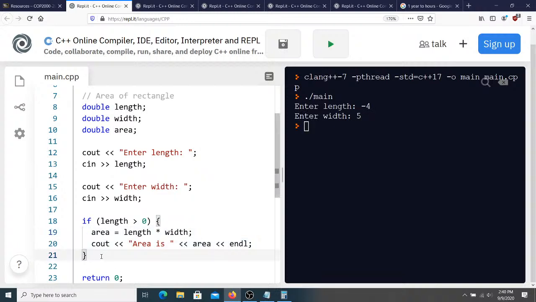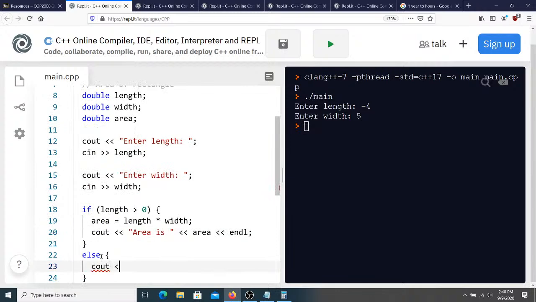I don't have my else invalid input. So if I enter in minus 4 or 5, I get invalid input. But what happens if I enter in 4 and minus 5? I'm not able to catch that.